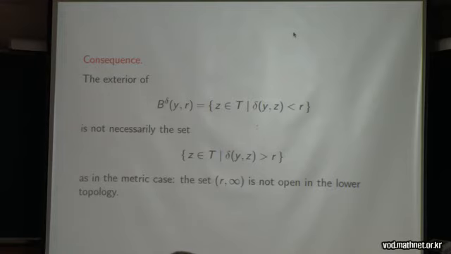But the exterior of such a ball is not necessarily this ball, which is how it is in the metric case, because in the metric case the metric is continuous with respect to the normal topology on the reals, and then this is open. But now this is not the case, so this is not necessarily the exterior of this set.